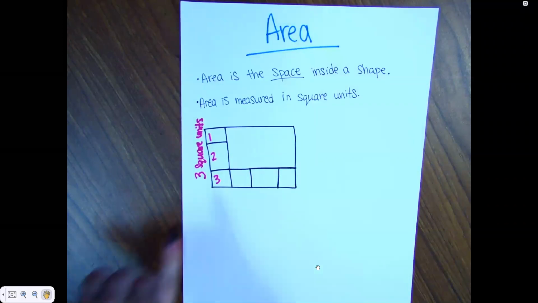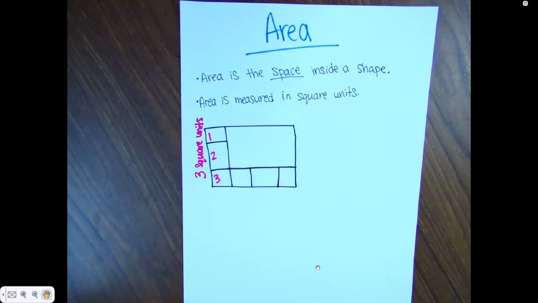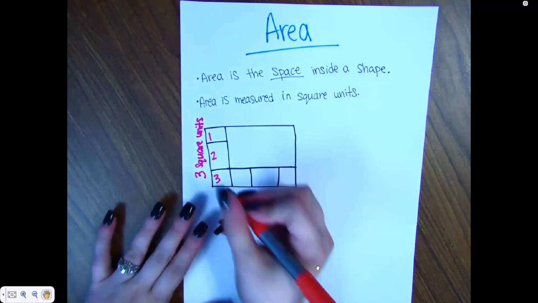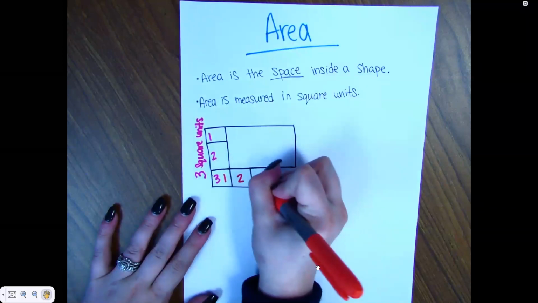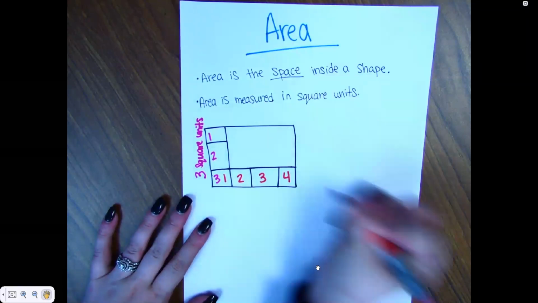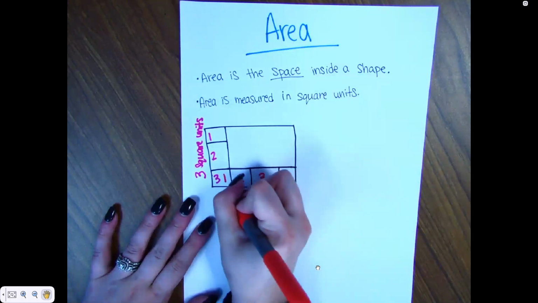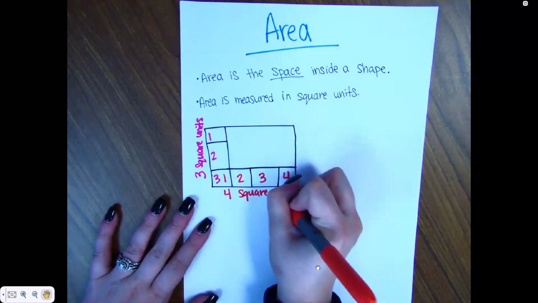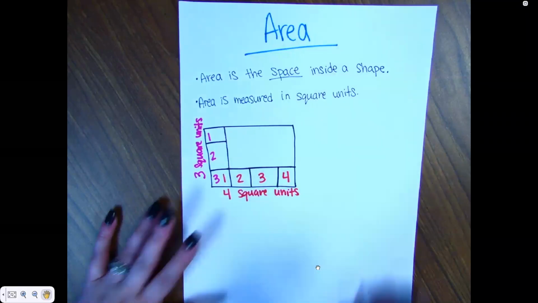Well, now I need to measure the bottom, in order to get what I need to multiply this by to get the area. So I'm at 1, 2, 3, 4. So this one's going to be 4 square units, okay?